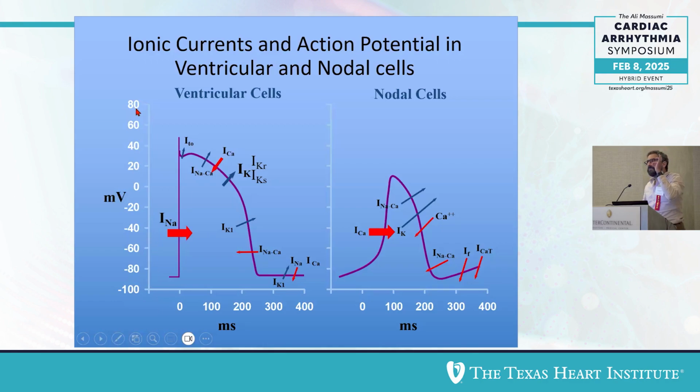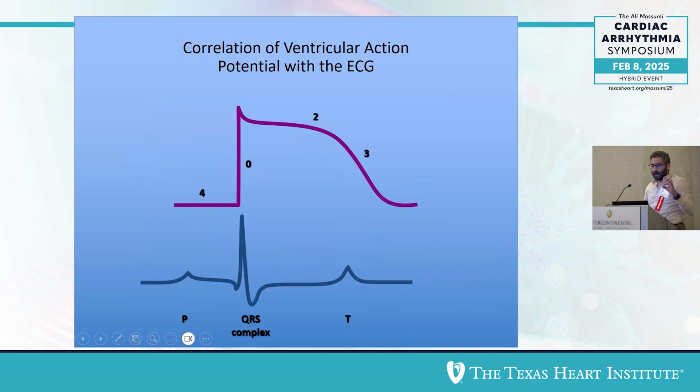So positive current going inside the cell in the form of sodium is the trigger and the genesis of your ECG, of your QRS. Your QRS, not your QT, but your QRS is furthermore determined by the slope of this phase 0.